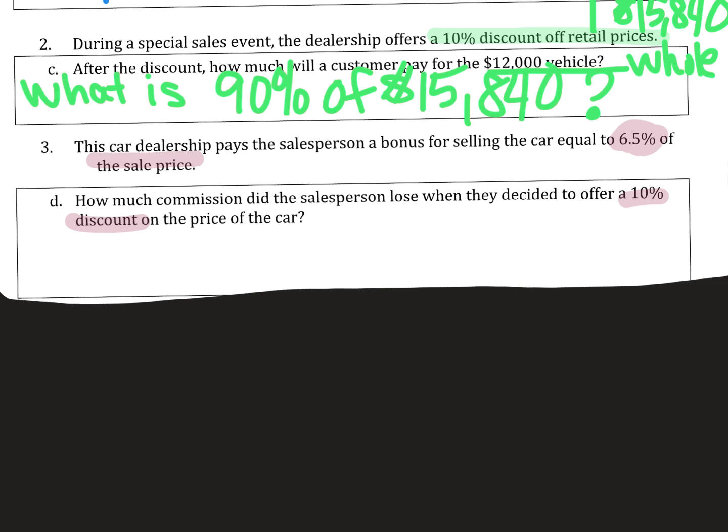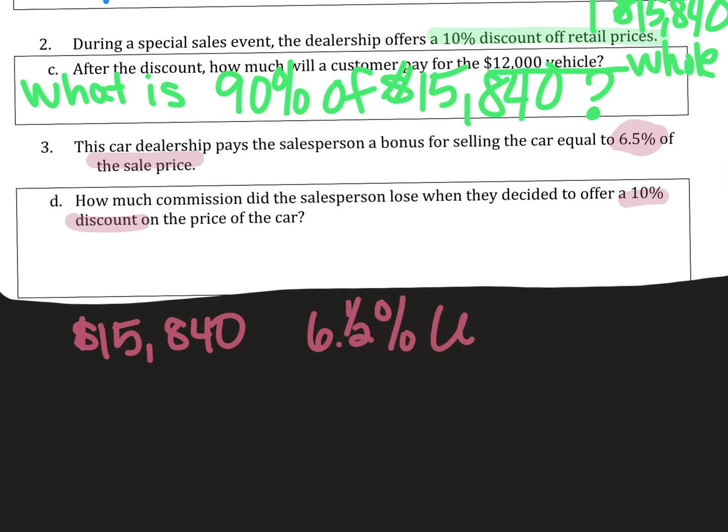I need to figure out what commission would have been on the original price, right? So I need to find 6.5% commission. So what is 6.5% of 15,840?